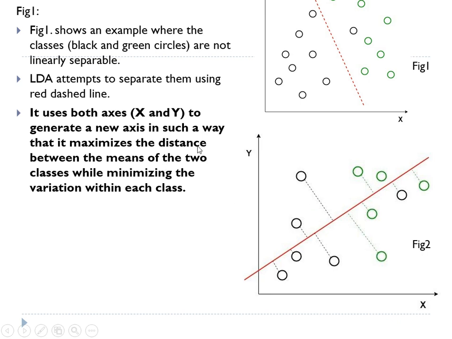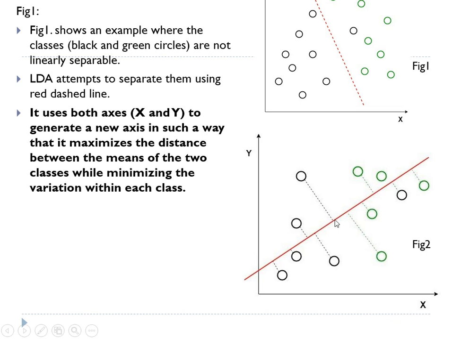In LDA we are trying to maximize the distance between the means of the two classes. So this is the distance, or the new axis. These dotted lines which you see here are the distance or the axis generated from LDA, and the goal here is to maximize the distance of these dotted lines.